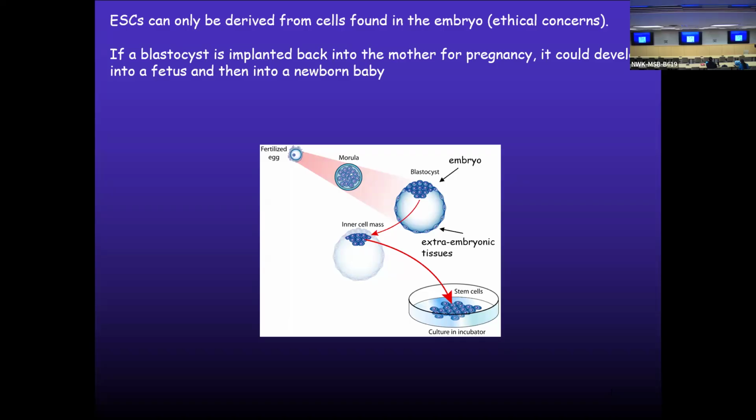And that's a huge ethical concern. Okay? It can be done if the donors of the eggs or donors of the embryo consent, and there is proper documentation for that. Okay, it can be done.